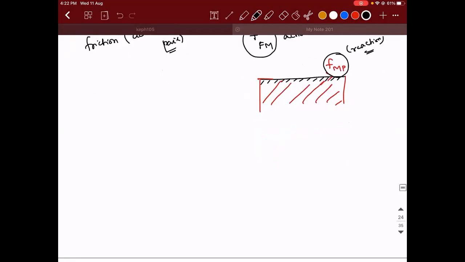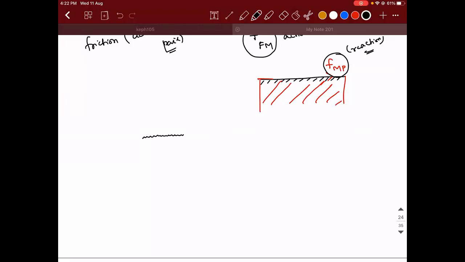Irregularities, that is the word. Because if you look at a microscopic level, this is what a rough surface is, but to our eyes it will appear as if it is a smooth surface. For example, you see tiles or marbles, everything will appear like a smooth surface, but there is some interlocking taking place.